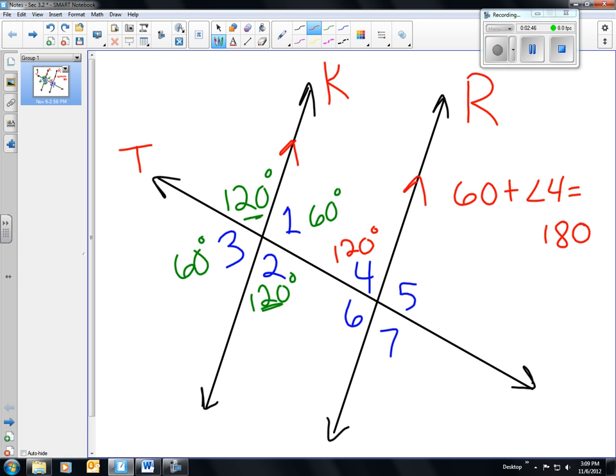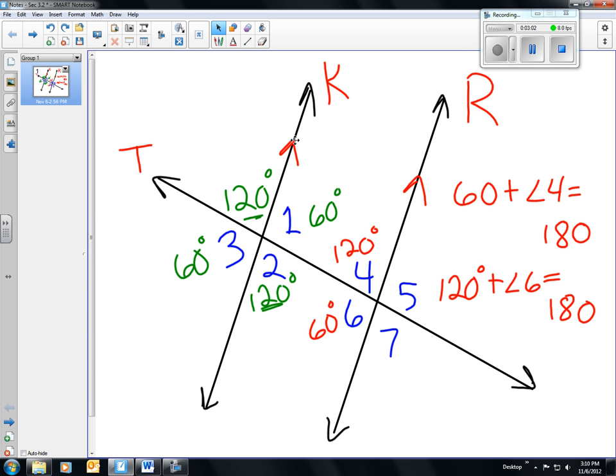So I could say angle 2 is 120 degrees plus angle 6, and that has to equal 180 degrees. And that means that angle 6 then is going to be 60 degrees. And then using our linear angles and vertical angles, we could say that angle 5 is 60 degrees and angle 7 is 120 degrees.